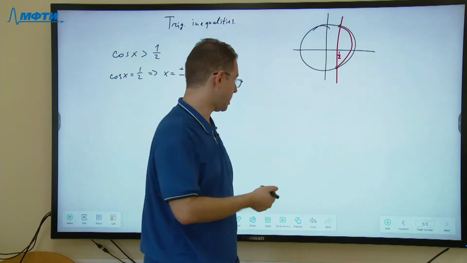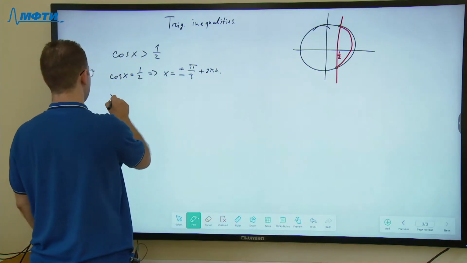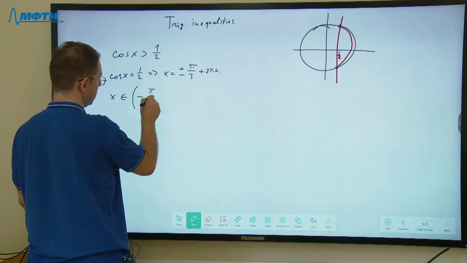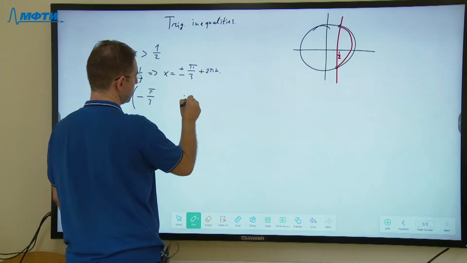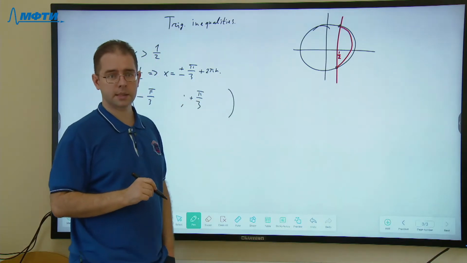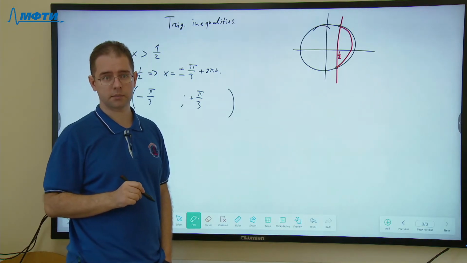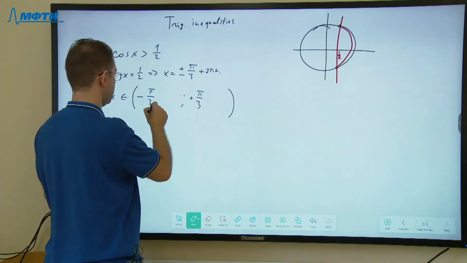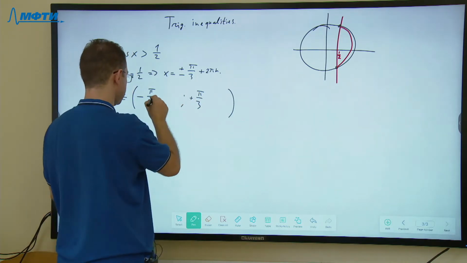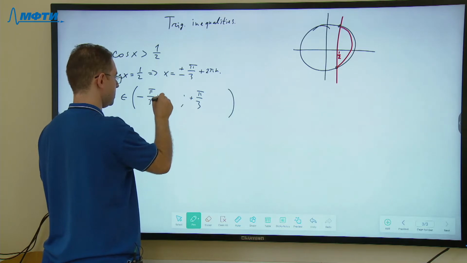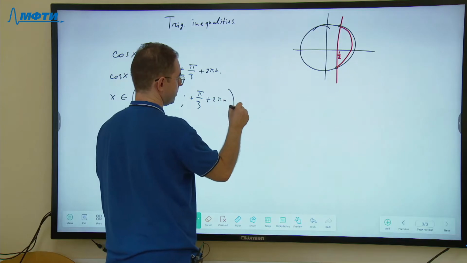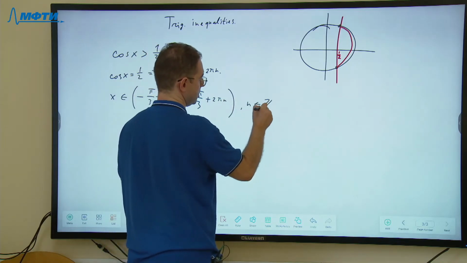And we can write down the answer. So x is from minus pi by 3 to plus pi by 3. But since the function cosine is periodic, we have infinitely many intervals like this, plus 2 pi n. n is an integer.